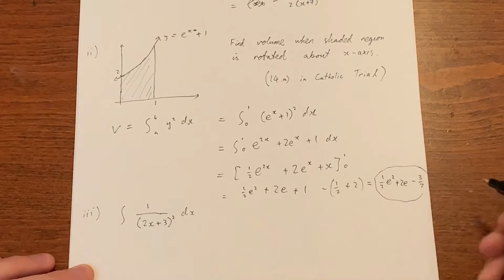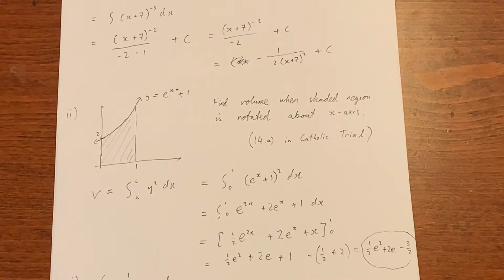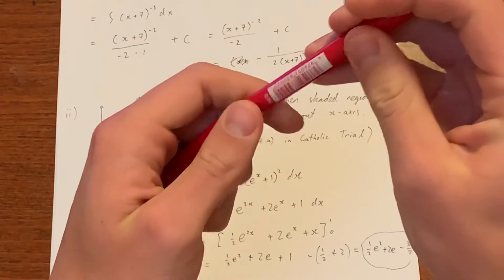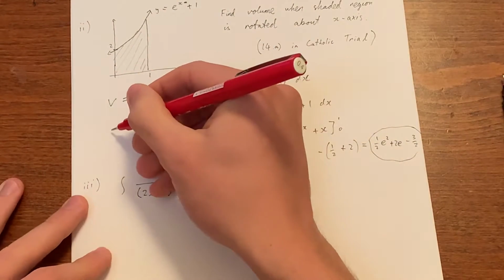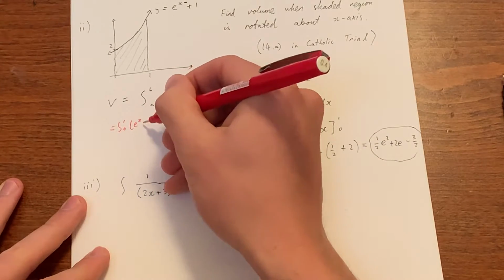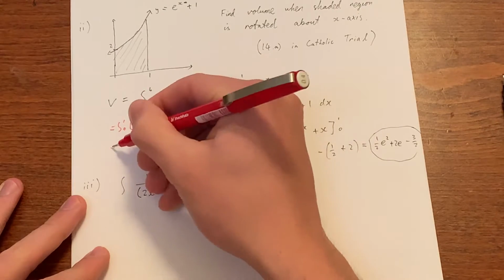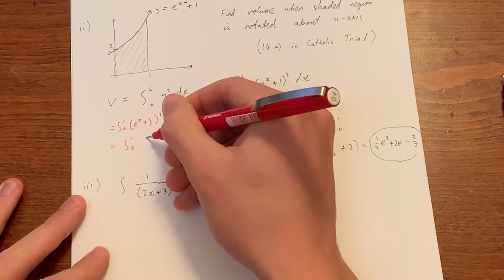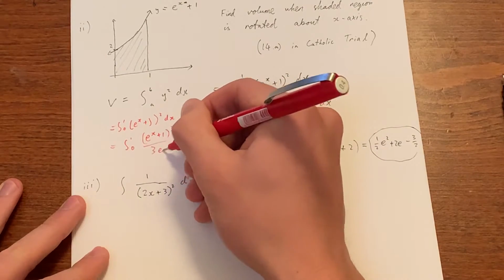Easy as, right? And just to really ram home that point, if instead we tried to do this the wrong way, I'll put it in red because it's red for wrong. If we tried to do this the incorrect way, what's going to happen is we'll go between 1 and 0, e to the x plus 1 all squared, which is equal to, and you might say, e to the x plus 1 all cubed on 3e to the x or something like that.